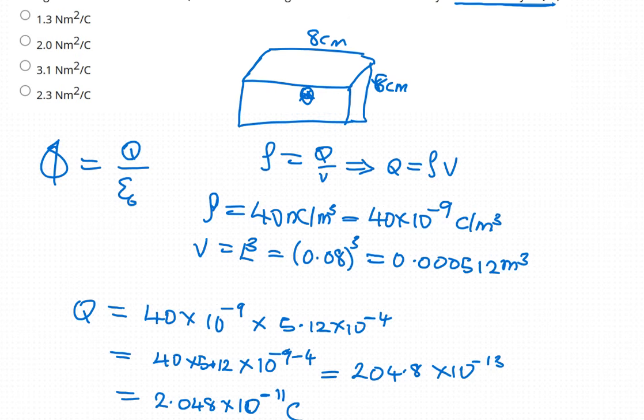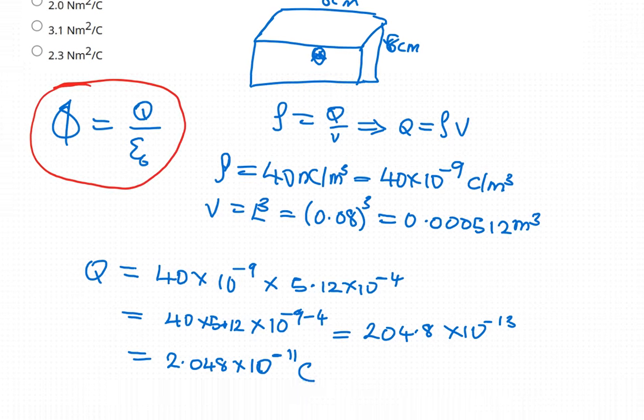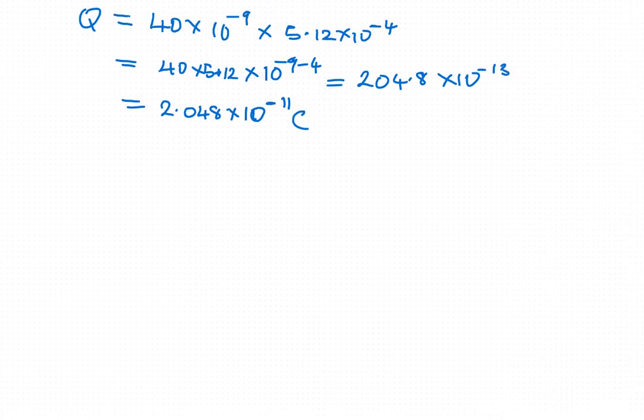So now let's find the flux. To calculate the flux, we will use this formula: flux is equal to Q divided by epsilon naught, and Q is the charge which we've calculated already.